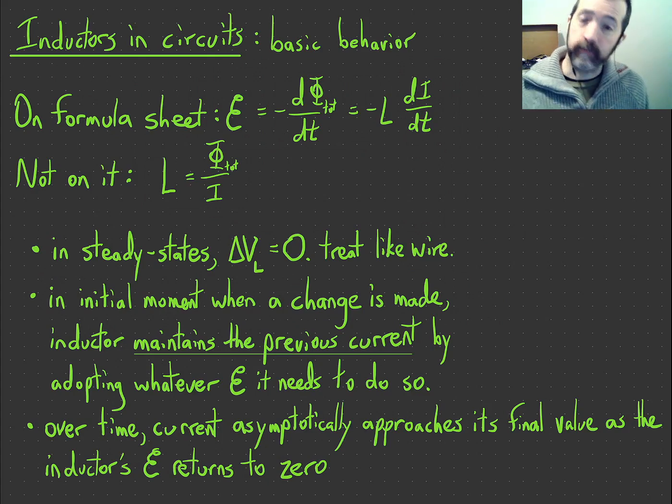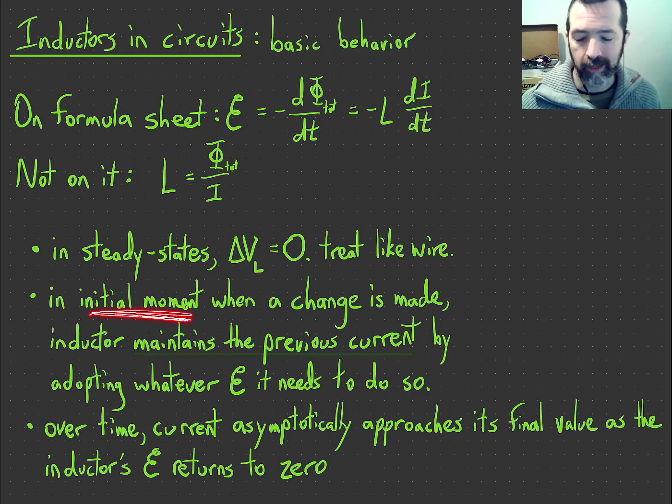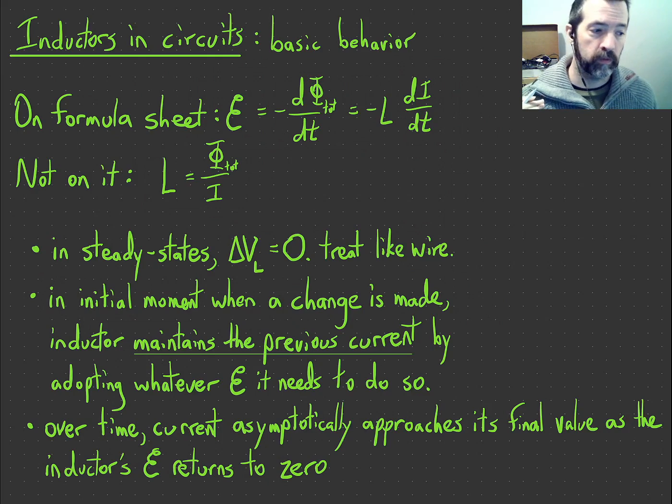Okay, so that's for the steady state. But if you change the current level in the circuit, in that initial moment, like at time zero, the inductor is going to jump into action, and it's going to maintain the previous current instantaneously at t equals 0.